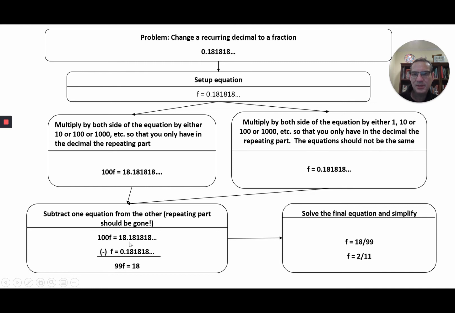And by doing this, I will get rid of the repeating part. 100f minus f is 99f, and this is 18. And that gives me f equals 18 divided by 99, both sides divided by 99, gives me this equation, and then I simplify.